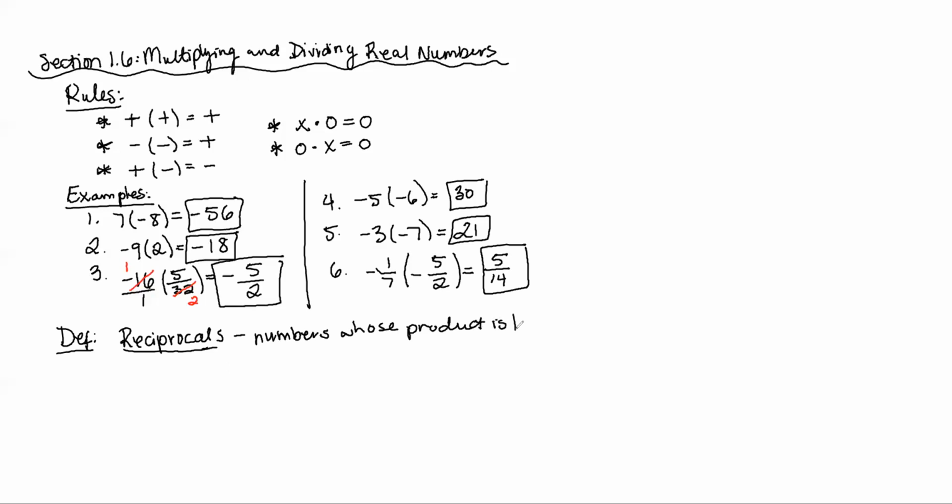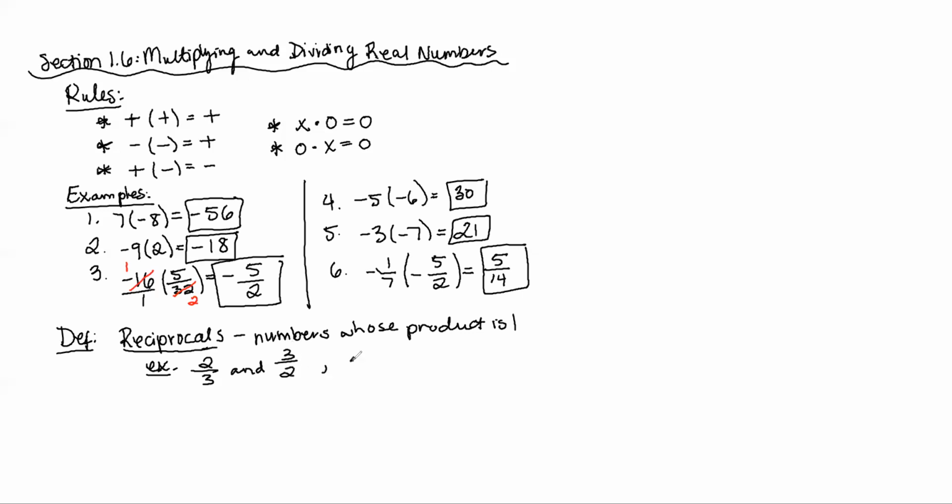Reading that definition, it's not super clear what we mean by reciprocals, so let's look at a couple of examples. Reciprocals basically is when we flip a fraction. So if we have 2/3, the reciprocal of this is going to be 3/2.